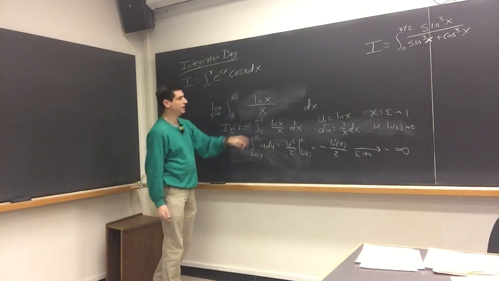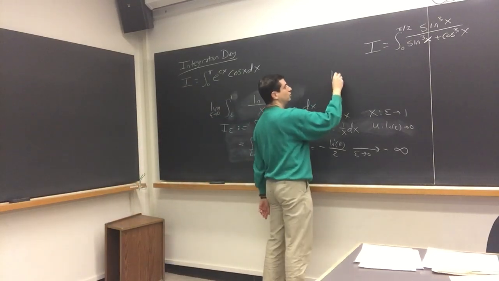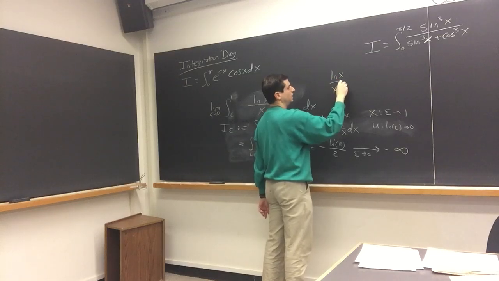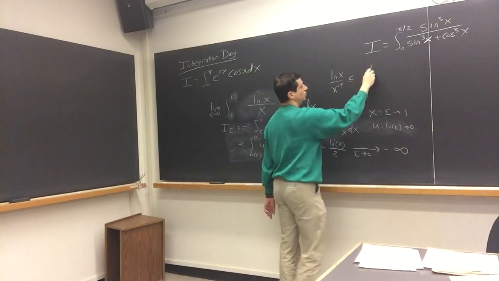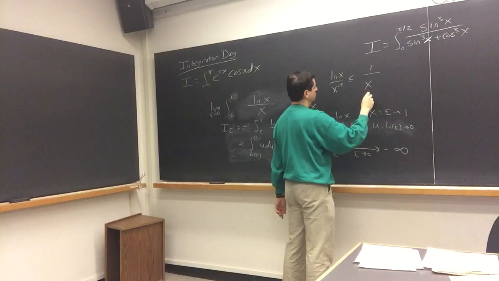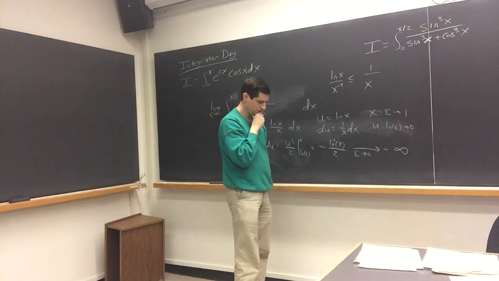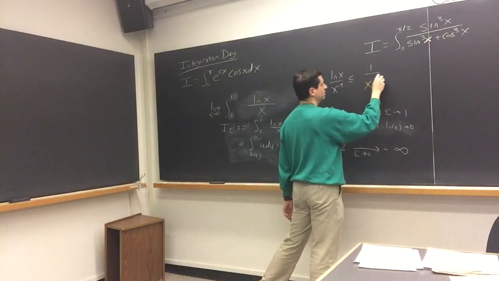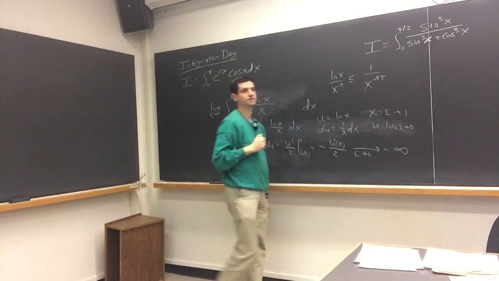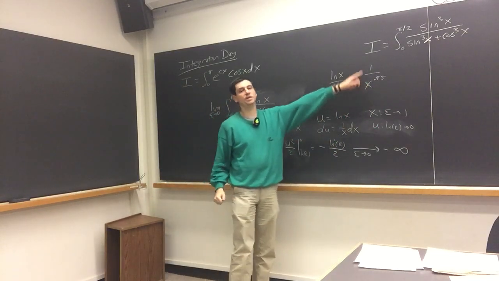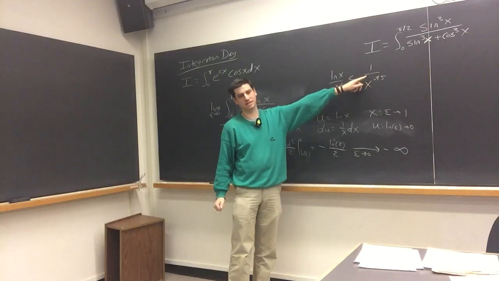If I had a 0.9, I could do natural log of x over x to the 0.9, I think would be less than or equal to 1 over x to either. Do I want the exponent to be a little bit larger or a little bit smaller? I have a small number. I want to make it small. I think maybe 0.95. And then this will be integrable because the exponent here is less than 1.